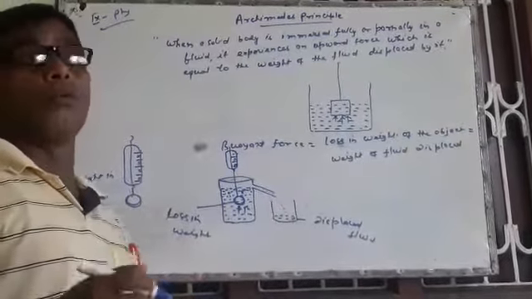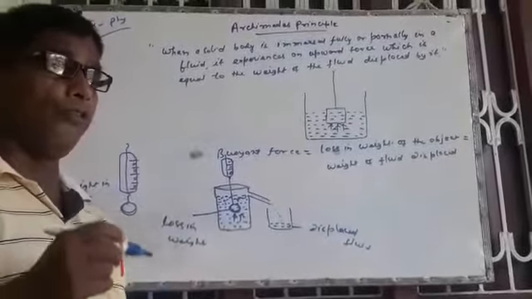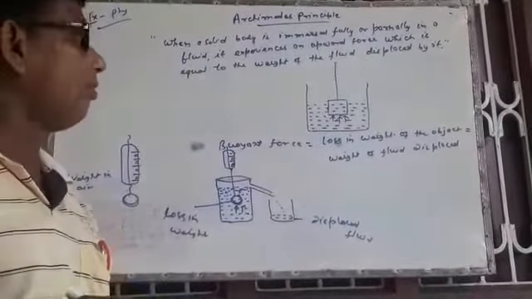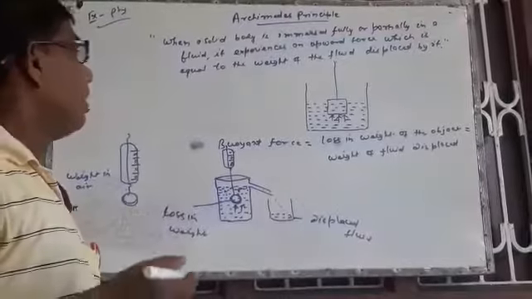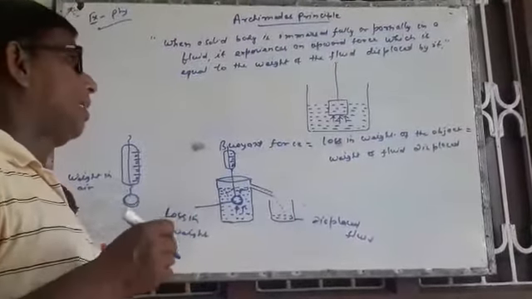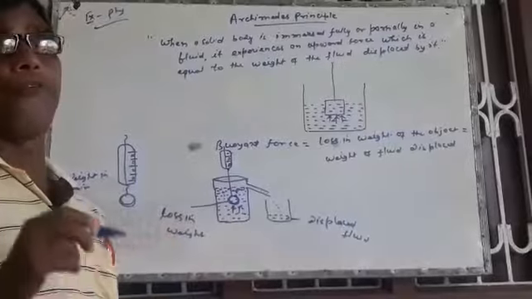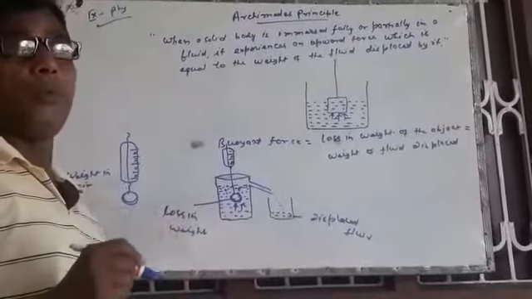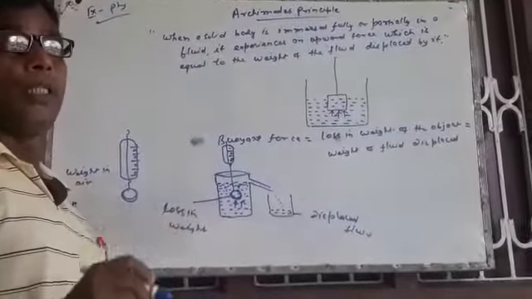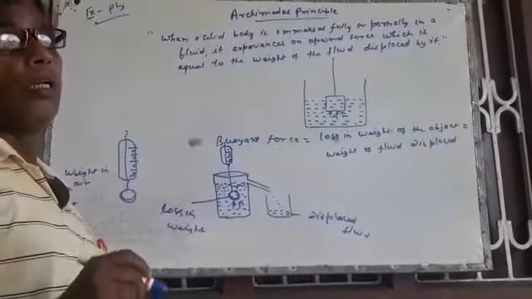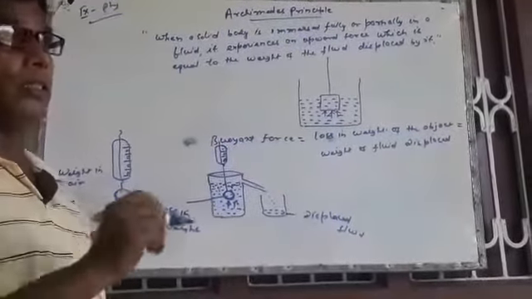Air is also a fluid because air also flows, gas also flows. That's why liquid means water, air, and some other gases all are considered to be fluid. Simply, if anyone asks you what is fluid, very simple answer: materials which can flow are called fluid. It includes liquids and gases.